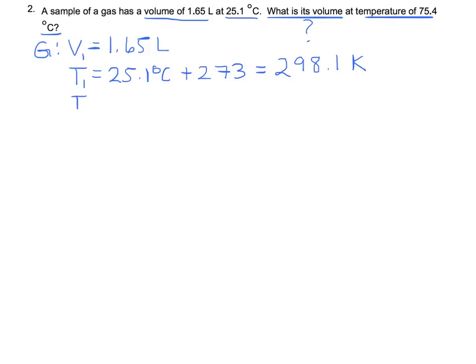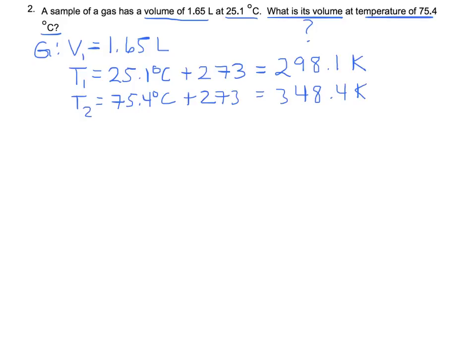We need to do the same thing with the final temperature that we are given as well. The final temperature that we are given is 75.4 degrees Celsius, which is 348.4 Kelvin.